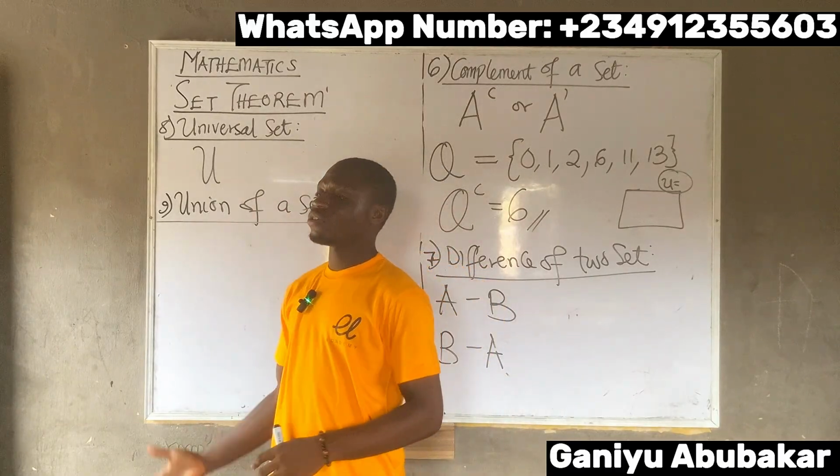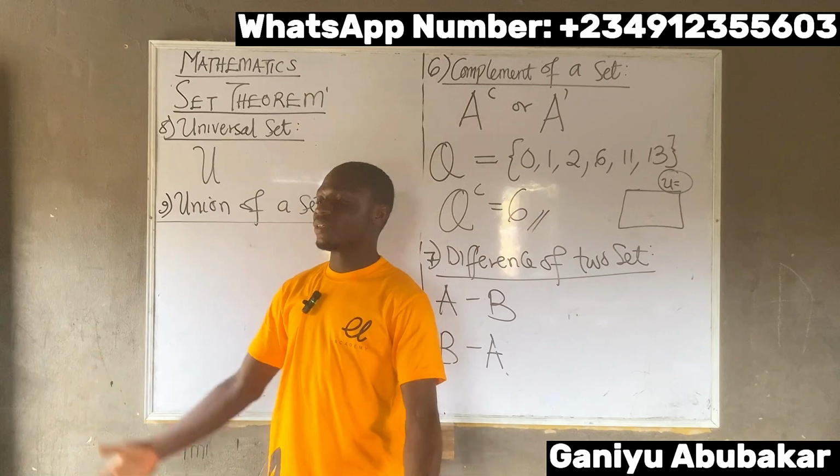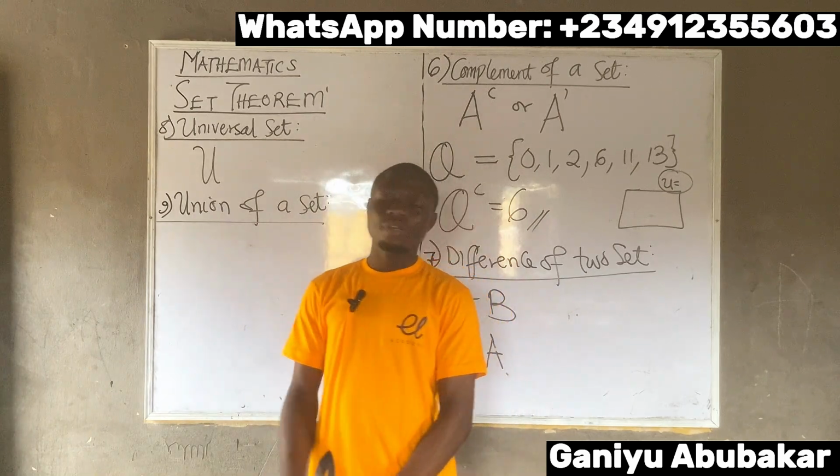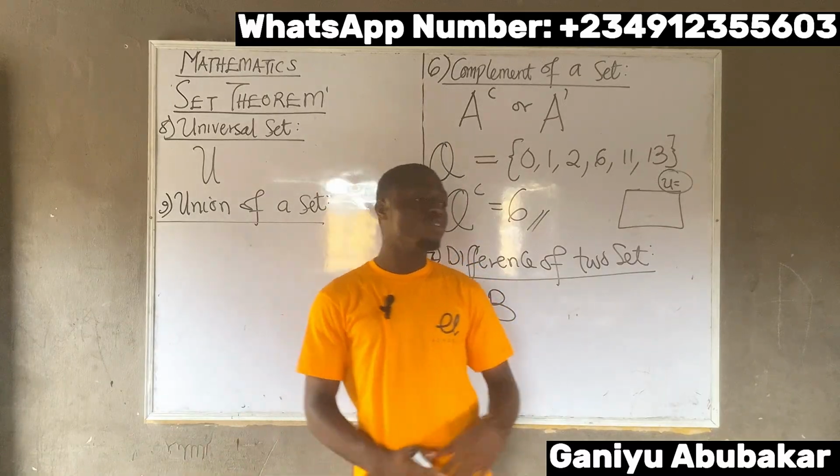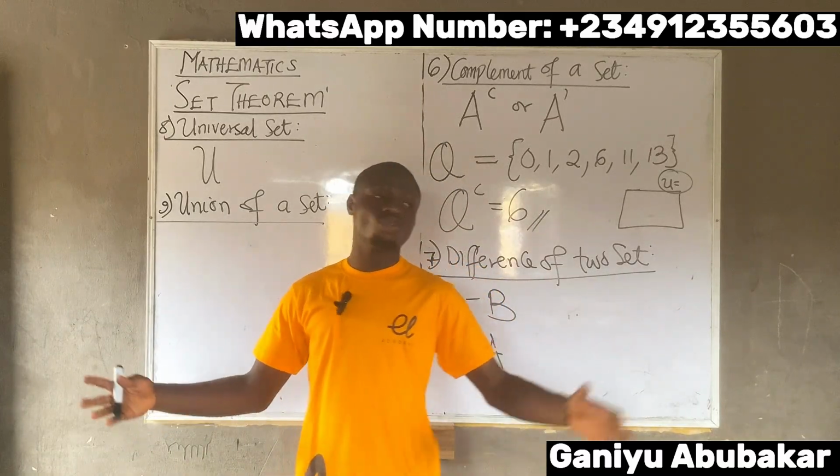It is a combination of two or more sets together. Union set is simply the combination of two or more sets together.